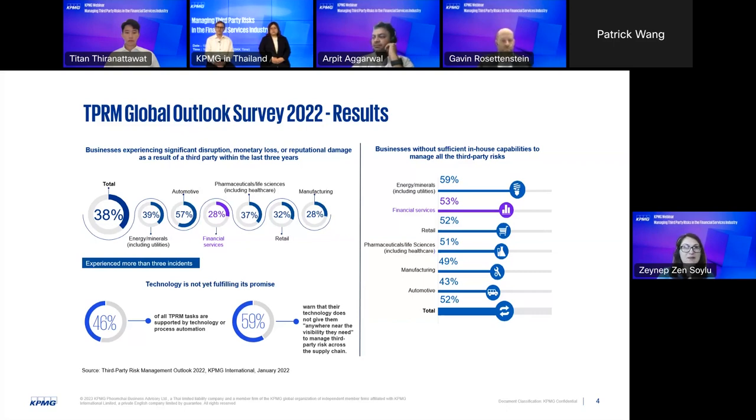Some teams may have some technology solutions to support the due diligence activities, but there is no holistic suite of solutions that really supports effectively the TPRM in an end-to-end fashion. 59% of our respondents were really frustrated by lack of visibility that their TPRM tools existing today were giving them around broader third-party risk in the organization. And less than half of them were just saying that the tasks across the TPRM universe are automated as of today.